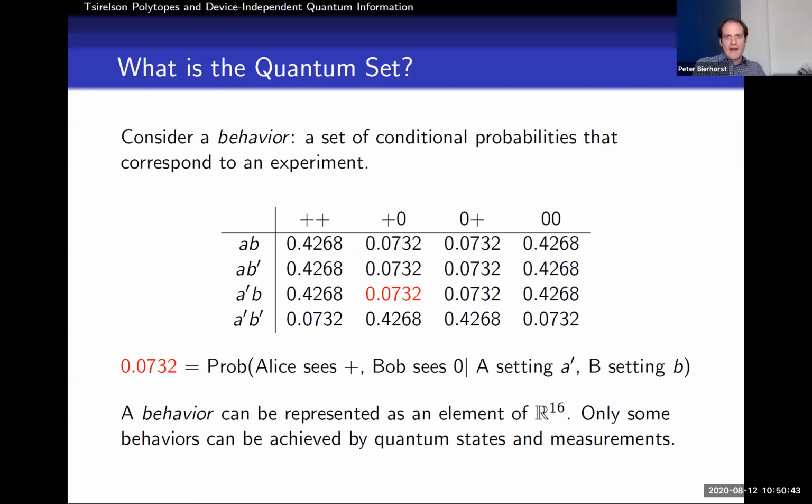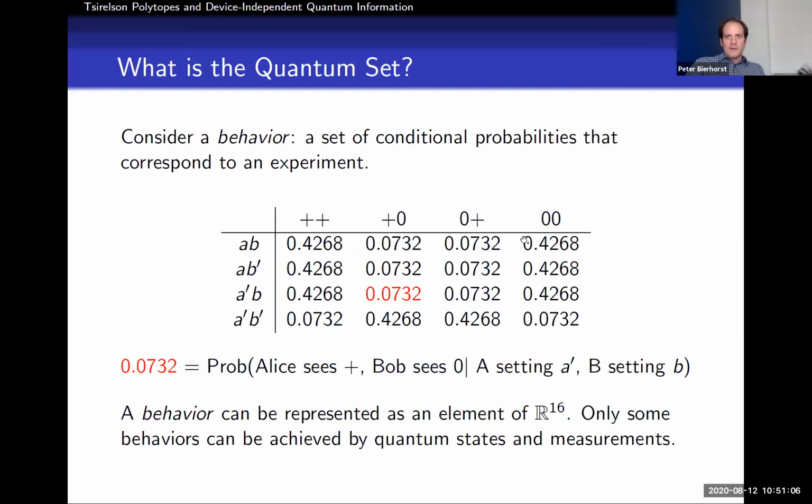The probabilities I've filled out in this table are the probabilities that would maximally violate the CHSH inequality. Those can be obtained by measuring a maximally entangled state, a singlet state, in a specific configuration.